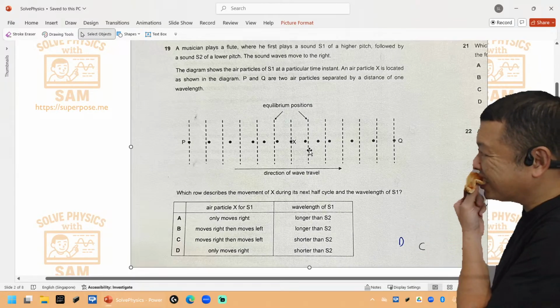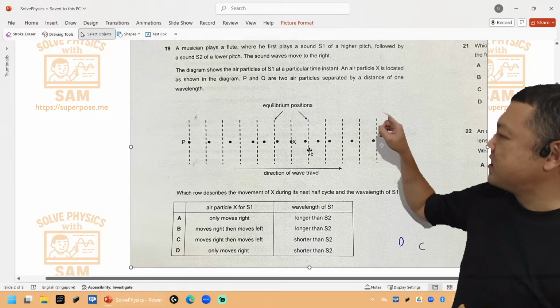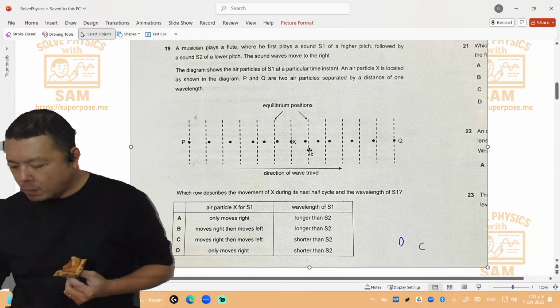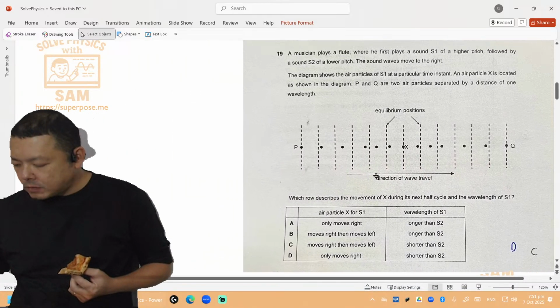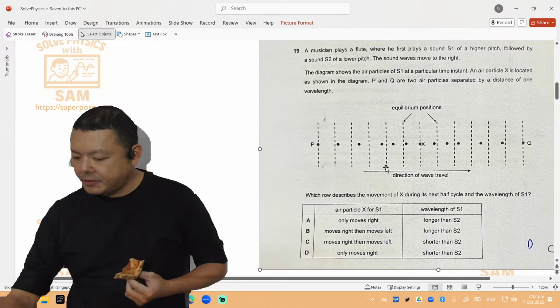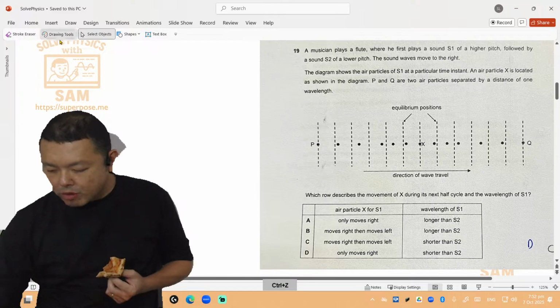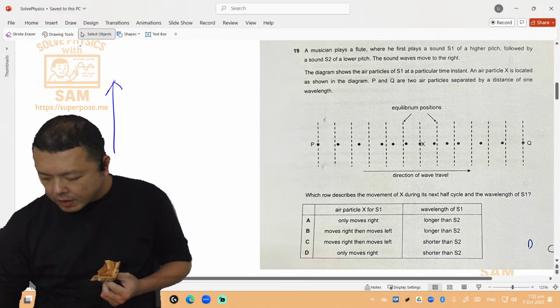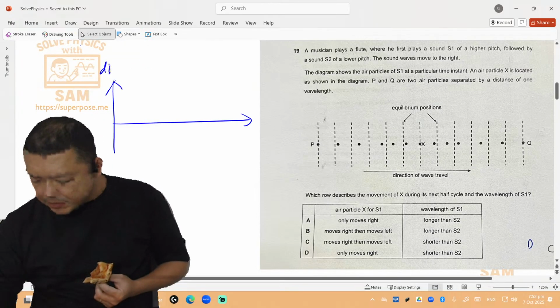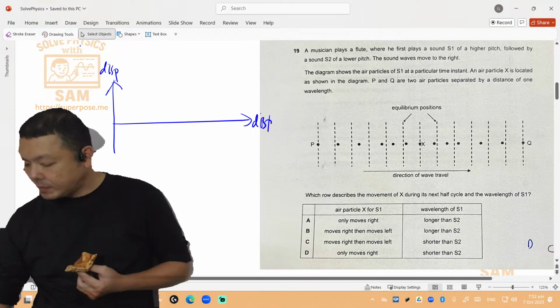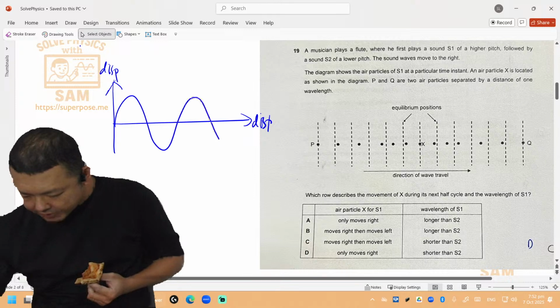This is actually a very difficult question. To answer this, I will refer to a displacement-distance graph, and I'll draw a graph like that.